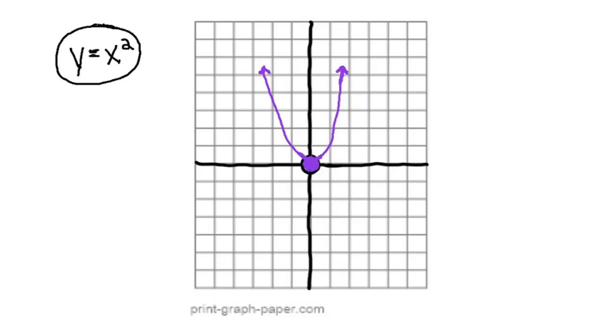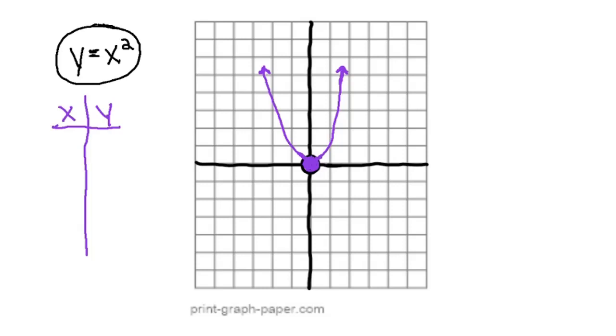Y equals x squared. Now let's go into why that is for a minute so you can understand this. If you make a little chart, here's x and here's y, and we just plug in some values for x.